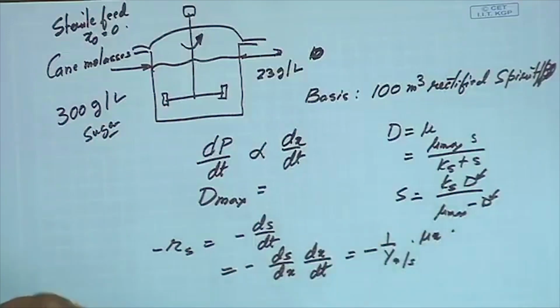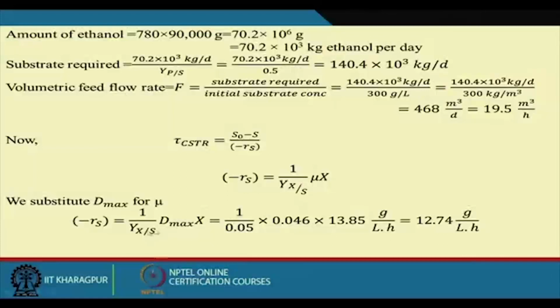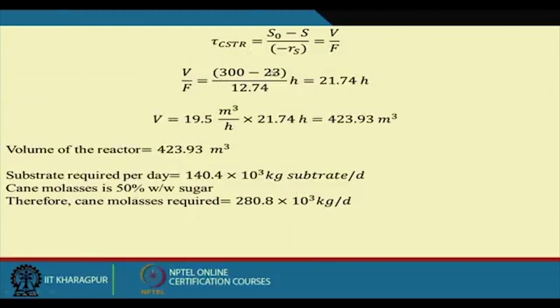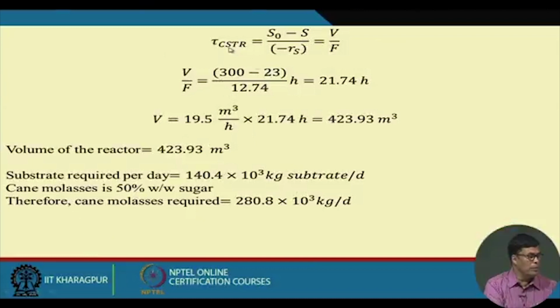This is exactly what is written here, and then we can calculate the value of minus RS, and once you calculate the minus RS, then we put the value in the tau CSTR, which is S0 minus S divided by minus RS. We can easily calculate the value of tau CSTR.